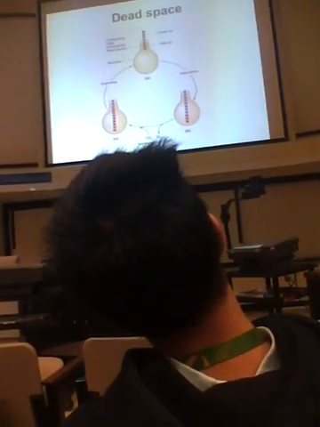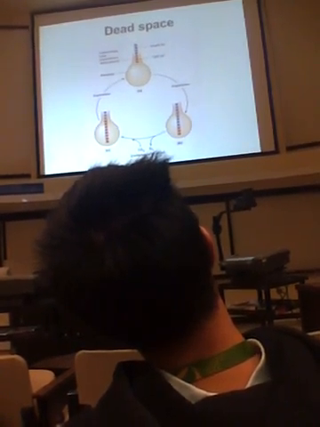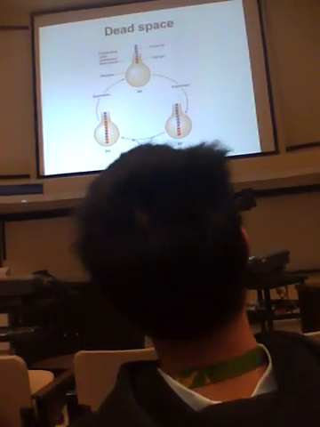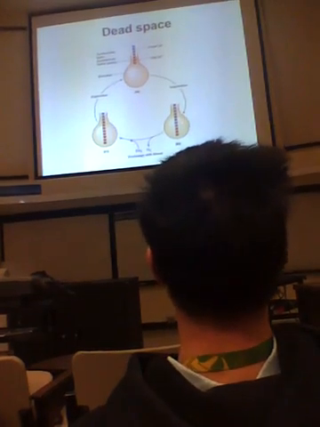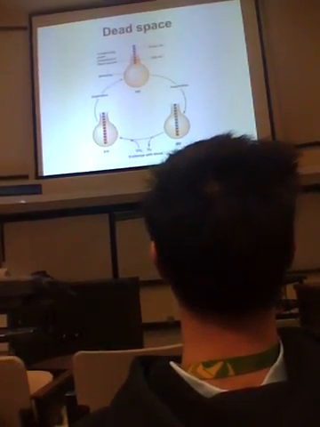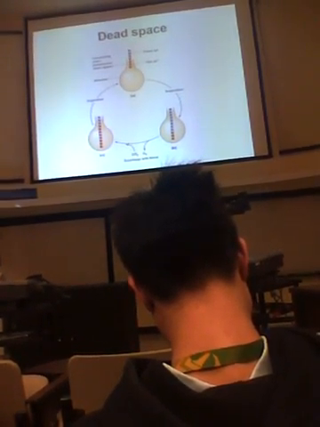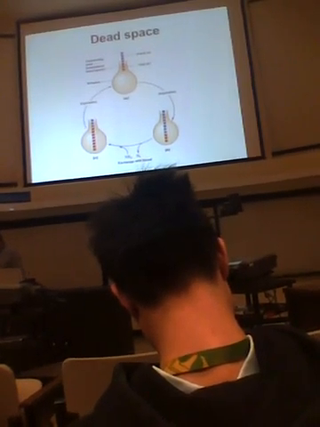Then you breathe out, and you get to this situation. You can see you're breathing in and out old air, and not a complete alveolus full of new air every time you breathe. So not efficient even at the best of times. That's the concept of dead space.